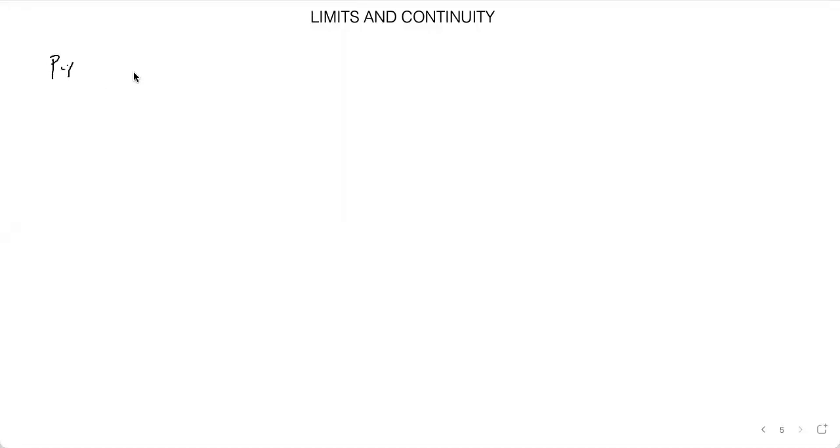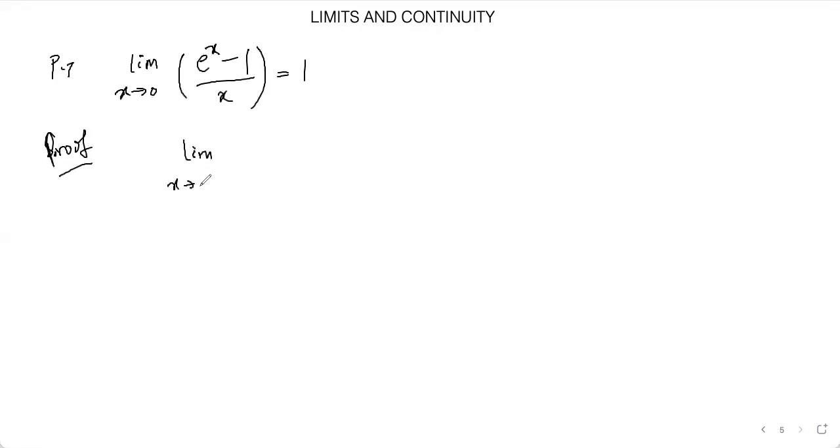So let us prove that limit x tends to 0, e power x minus 1 by x is equal to 1 to get this result. Let us see the proof for this. Now limit x tends to 0, e power x, which is 1 plus x by 1 factorial plus x square by 2 factorial plus x cube by 3 factorial and so on, right?